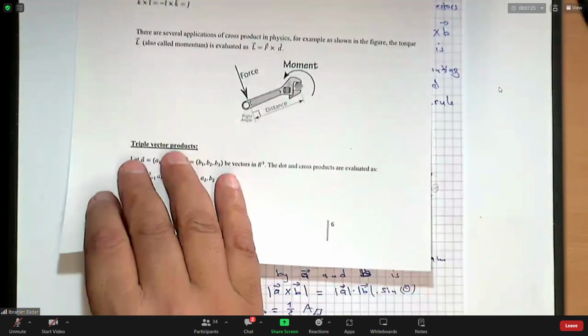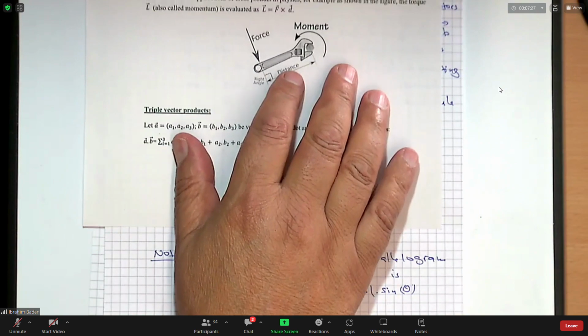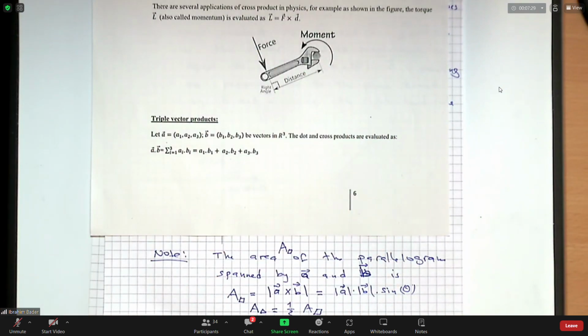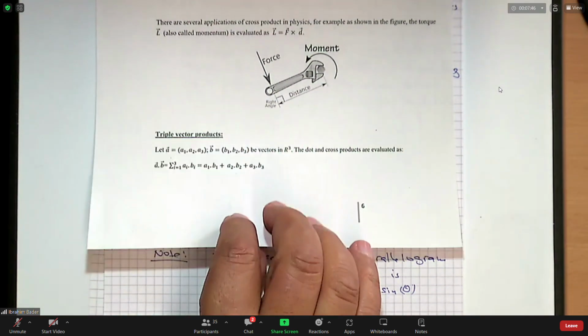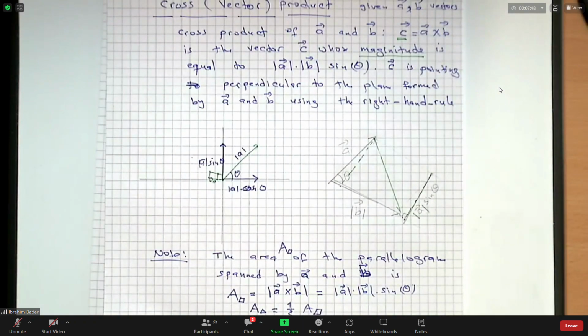This one, yes, a fork. So this is the force, and this is the magnitude. The moment is just an application of this. There are lots of applications in physics for this.